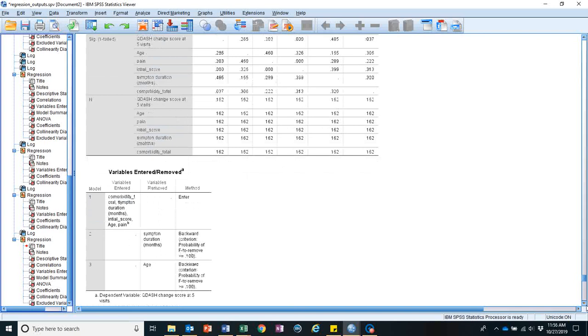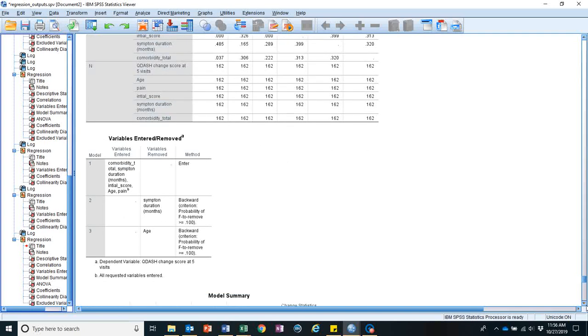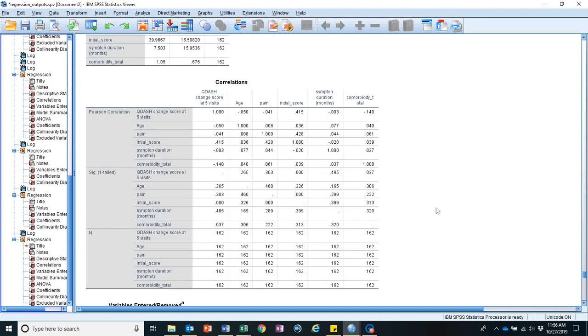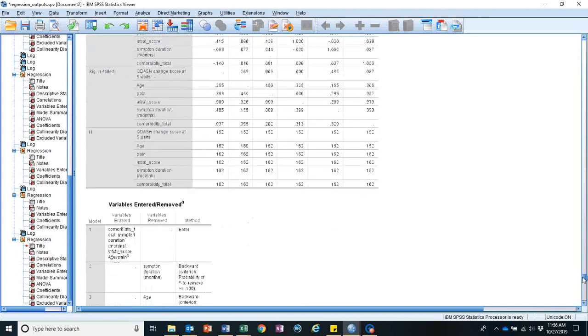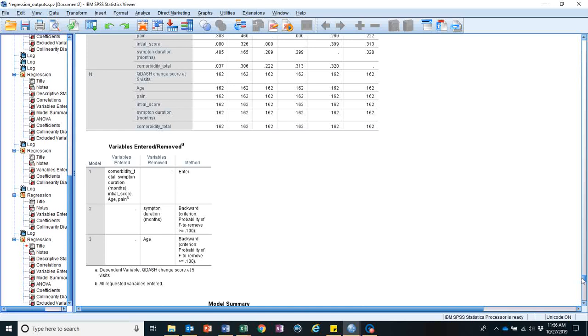Okay. So now the computer is going to tell you there are 3 models that it ran. The very first model was everything you put into it. In the second model, it removed one of the variables. It removed symptom duration, which makes a lot of sense when you look at the correlation, which was basically 0. So it wasn't adding anything to the model to explain what the actual visit 5 scores were.